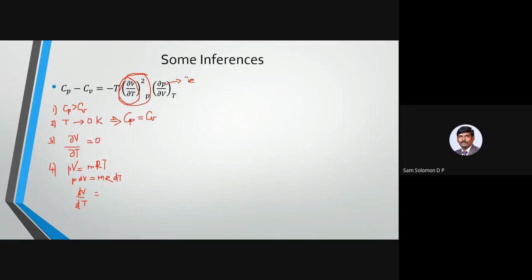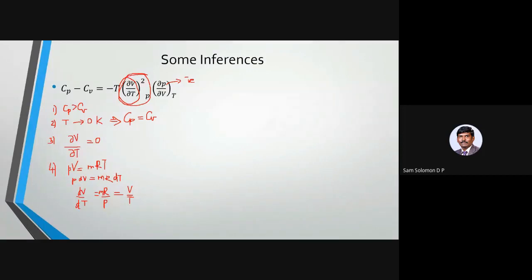So dV by dT will give you mR by P, and mR by P can also be written, from the first equation, as capital V divided by T, volume divided by temperature, right?